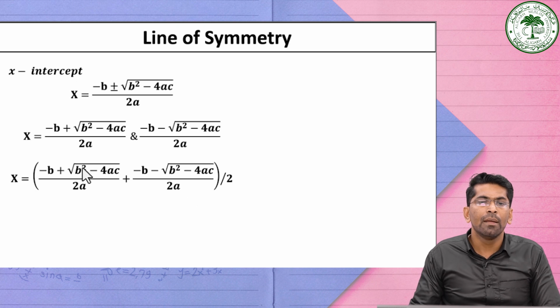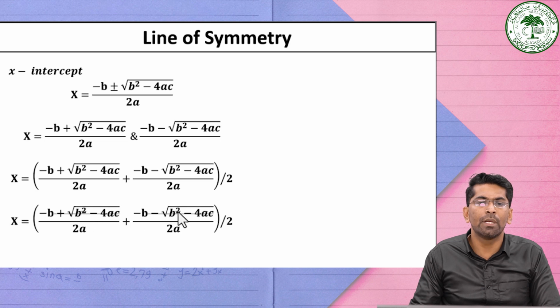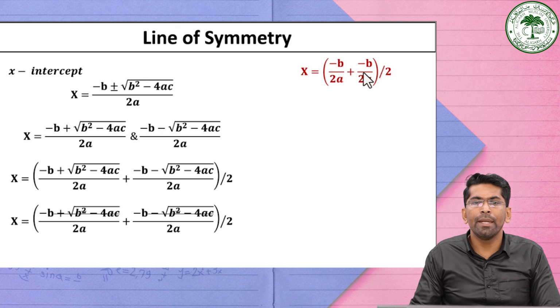Now here, the plus square root of b squared minus 4ac and the minus square root of b squared minus 4ac, these two terms will cancel out. What is remaining? x is equal to minus b divided by 2a plus minus b divided by 2a, all divided by 2. I am writing it separately: x is equal to minus b divided by 2a plus minus b divided by 2a, divided by 2.